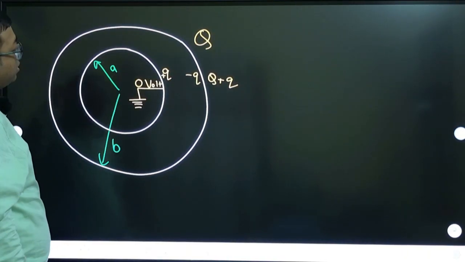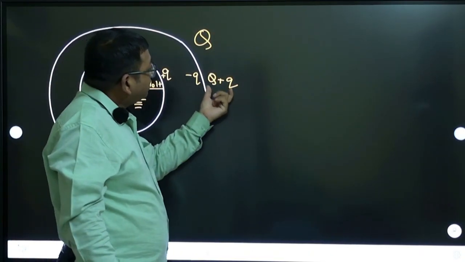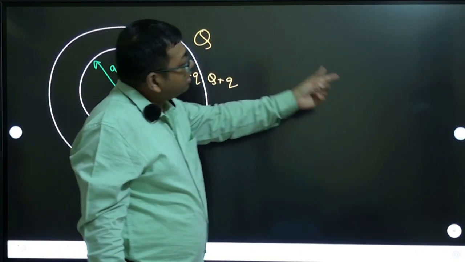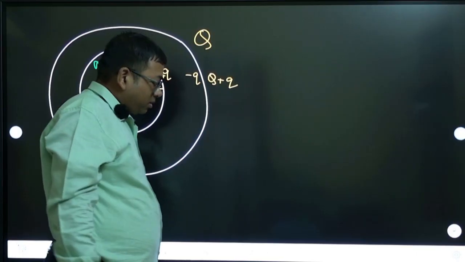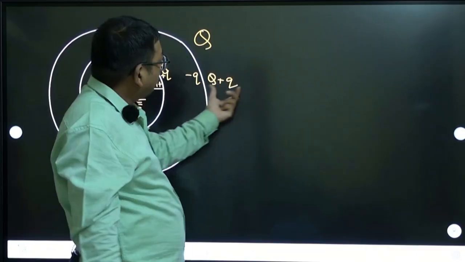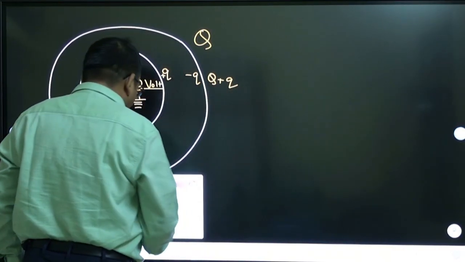How to calculate? Now you need to consider this outer charge. Why? Because this may be interacting with the outer, means interacting with the infinity, because this q plus Q will also induce some charge at infinity.